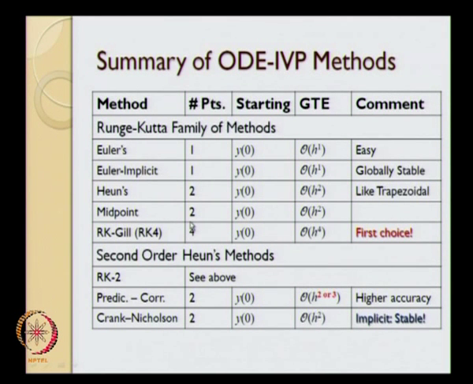Midpoint method is also an RK2 method, and the Runge-Kutta-Gill method is an RK4 method, and the global truncation error for second order Runge-Kutta method is h squared, and for the Runge-Kutta-Gill's method is h to the power 4. Okay. A general comment is, if you do not have any idea of what ODE solver to use, your first choice should be a fourth order Runge-Kutta explicit method.